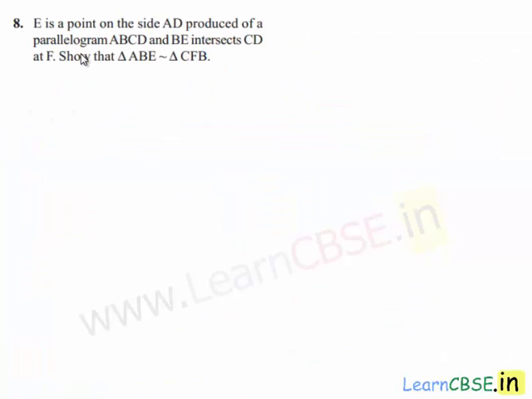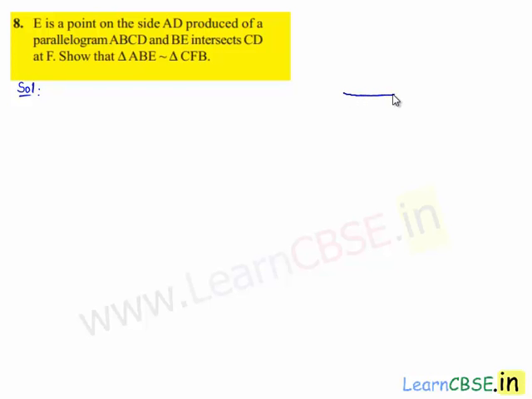Moving on to the 8th question. E is a point on side AD, produced, of a parallelogram ABCD, and BE intersects CD at F. Show that triangle ABE is similar to triangle CFB. Now moving on to the solution.